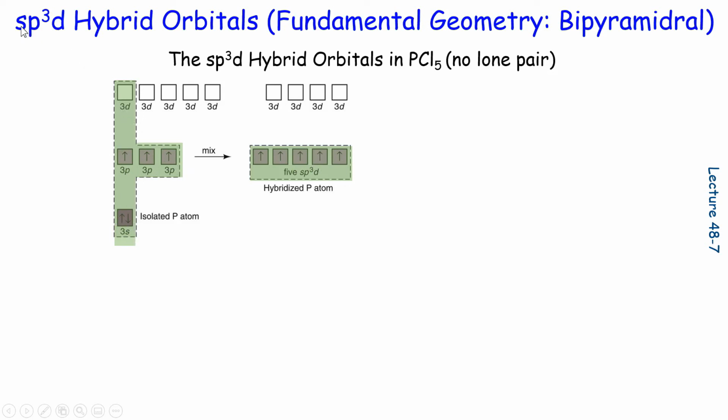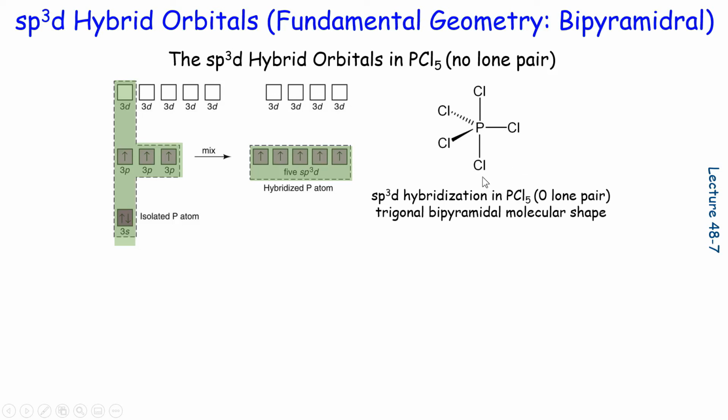That's why it's called sp3d hybridization. Here is the Lewis structure. There's no lone pair on the central atom, so therefore the molecular geometry is trigonal bipyramidal shape.